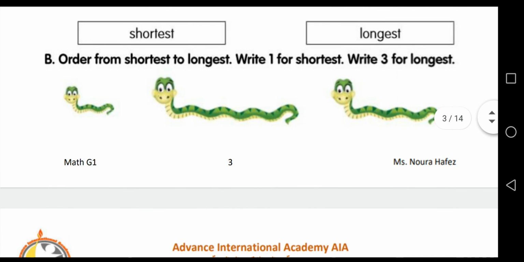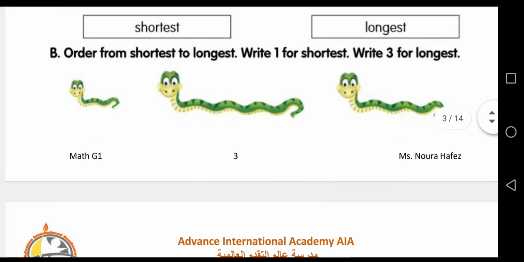Now, the last one for today is order from shortest to longest. So I should write number 1 for shortest, number 2 for the in-between, and number 3 for the longest. Okay? Here I have 3 snakes.